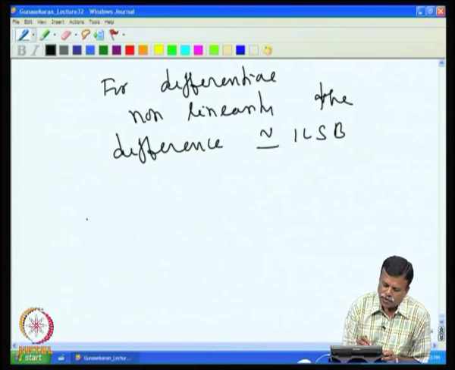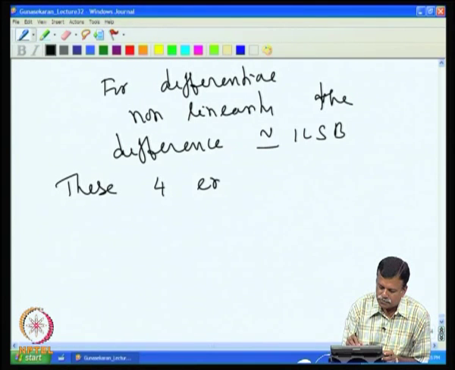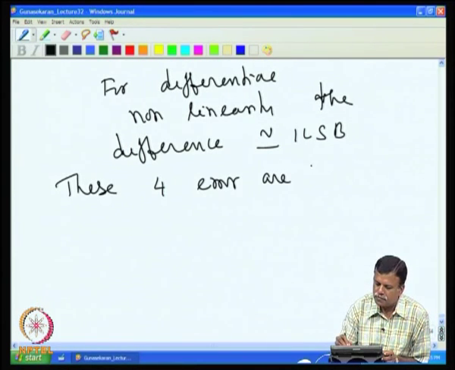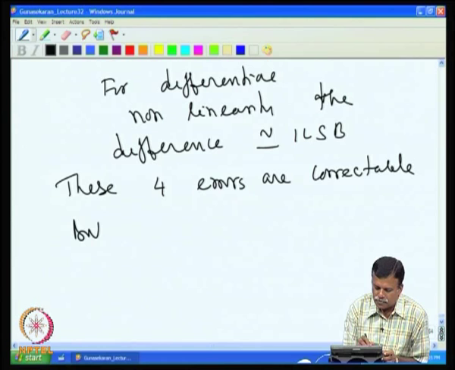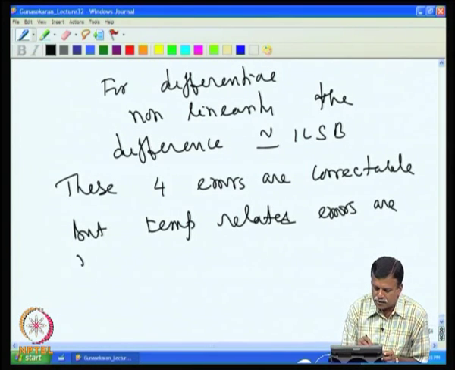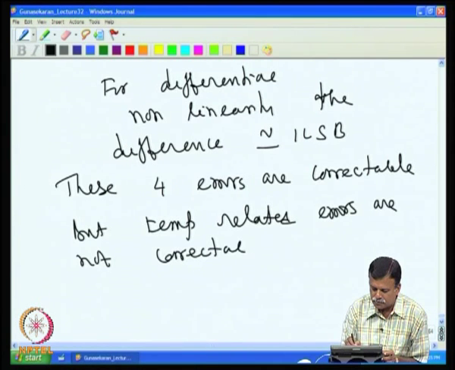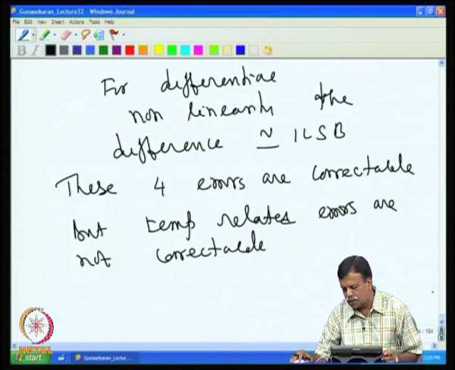So, these 4 errors are correctable, but temperature related errors are not correctable. So, one has to worry about these.